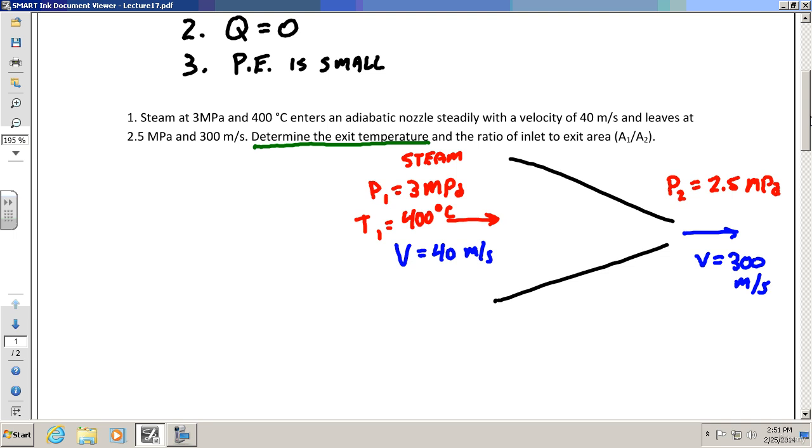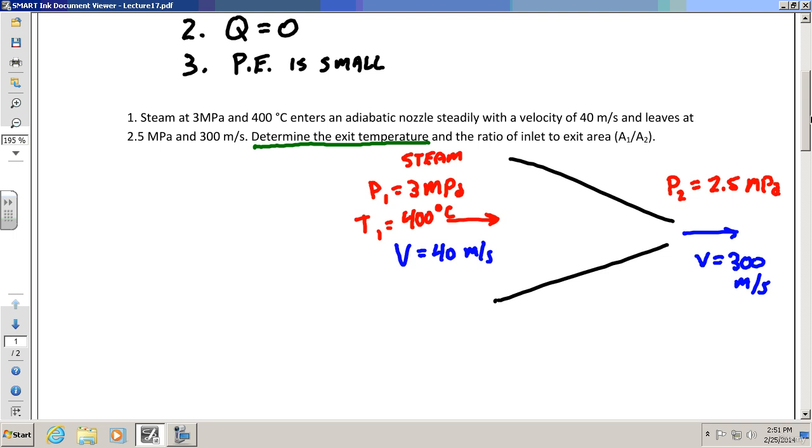But I don't have m dot, do I? Do I know the mass flow rate? I don't think so, right? So since I am not given the mass flow rate, I'm going to start with the one that does not even have mass flow rate.